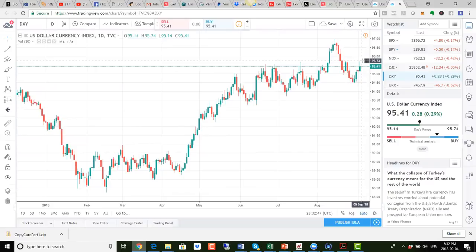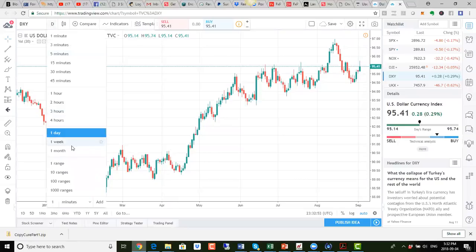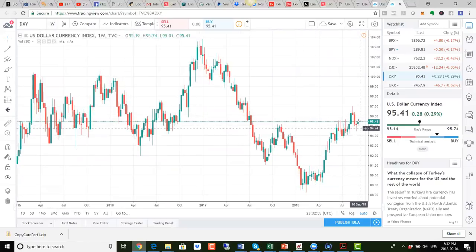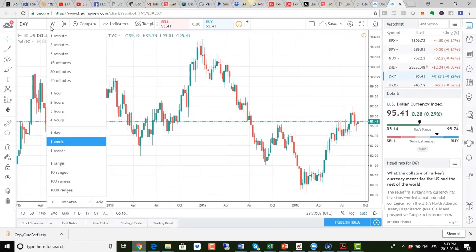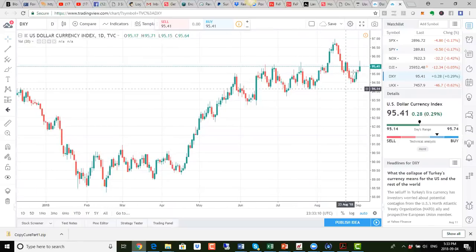And we are into resistance from a daily perspective. So actually, let's go back a bit and go into a weekly view here. So weekly view, we had a pin bar here. So from the weekly perspective, this is looking bullish. So bullish from weekly perspective, going back to a daily now. Daily, we are into resistance.